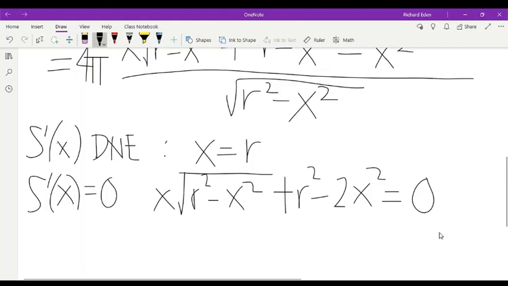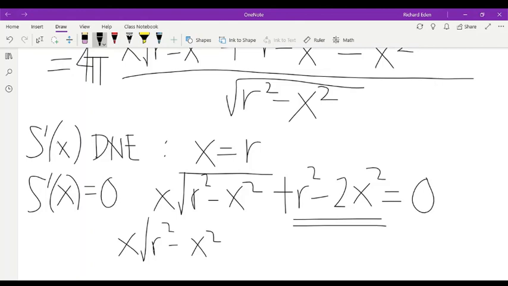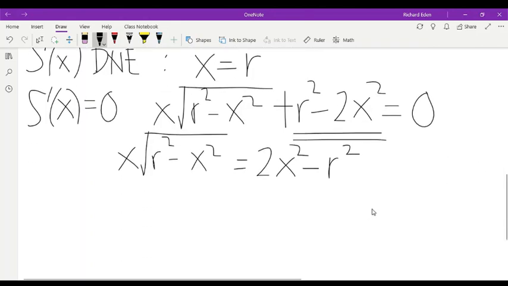What I would suggest is the non-radical part, move that to the right side. So then you would have x times the square root of r squared minus x squared equal to 2x squared minus r squared. And for you to be able to remove the radical, you would have to square both sides.